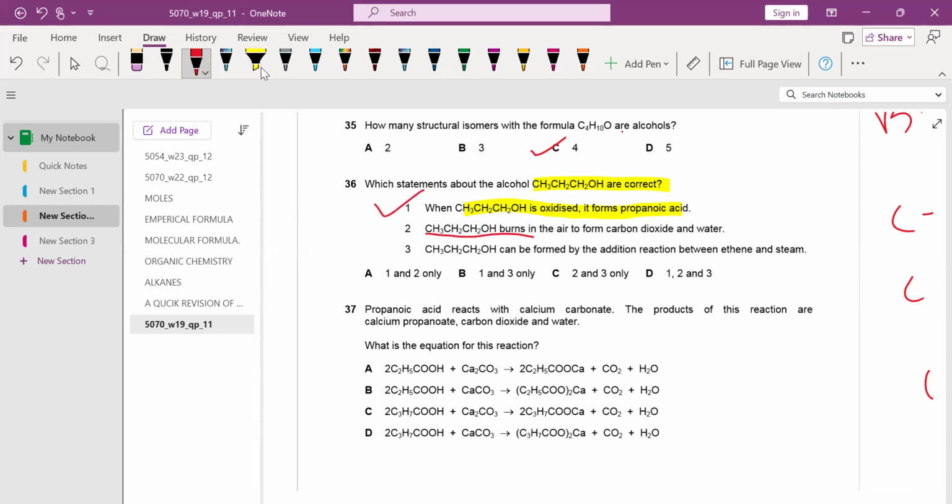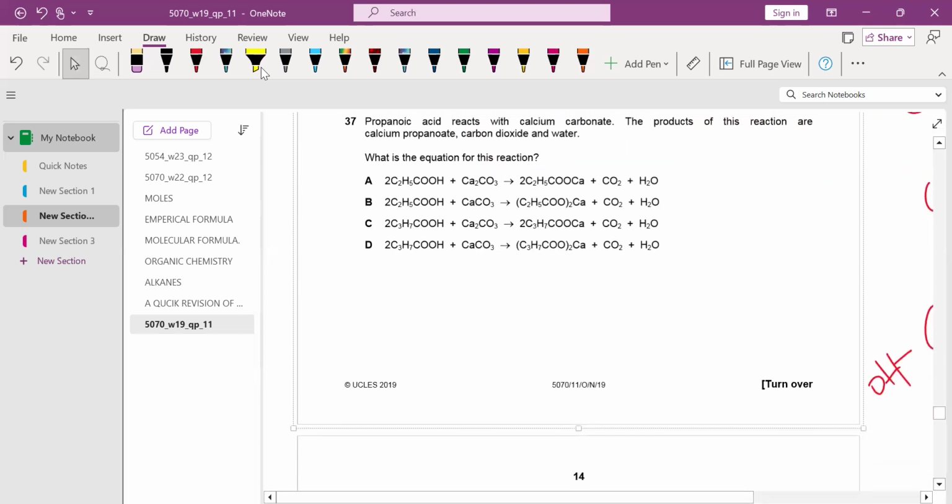When this alcohol burns in air it forms carbon dioxide and water. Yes, so statement 2 is also correct. Then this alcohol can be formed by an addition reaction between ethene and steam. No, so statement 3 is incorrect. So option A is correct. Only statements 1 and 2 are correct.